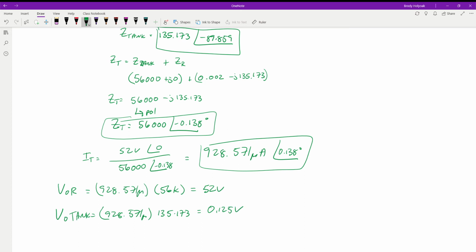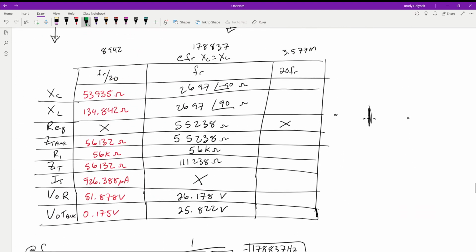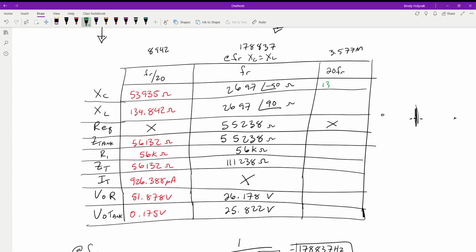Now that we have everything solved, let's go back up and put everything into our table, and then we'll take a look at the table and analyze what we have. We'll graphically draw out what happened in our graphs or with our data. So at 20 times the resonant frequency, the XC ended up being 134.83 ohms.